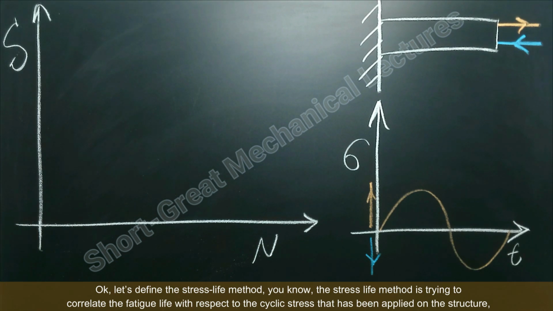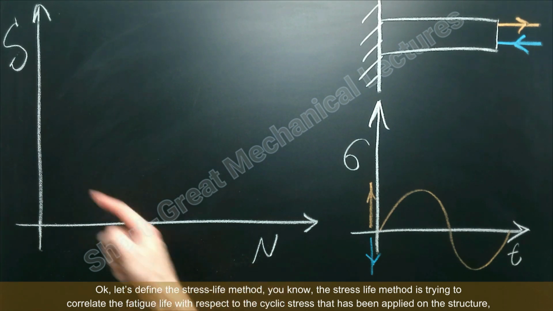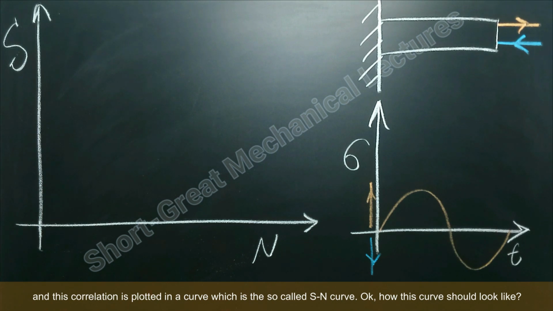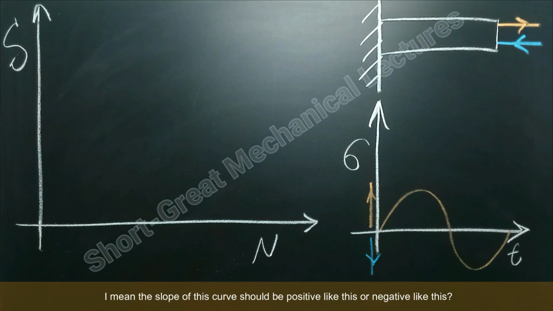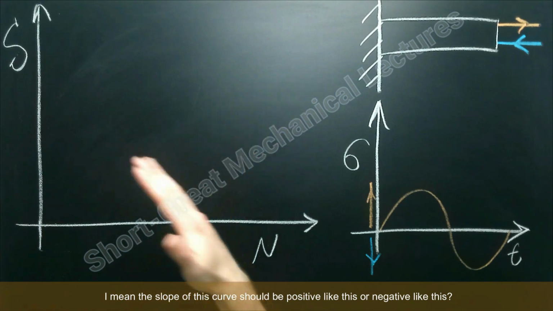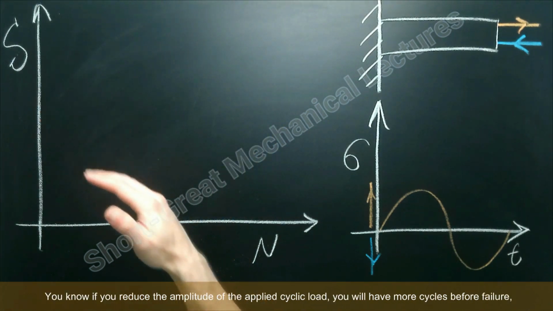The stress life method tries to correlate the fatigue life with respect to the cyclic stress that has been applied on the structure. And this correlation is plotted in a curve, the so-called SN curve. Okay, how should this curve look? I mean, should the slope of this curve be positive like this or negative like this?